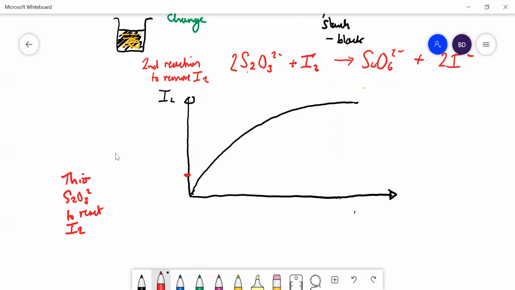Okay, it's here. So if we can imagine what would happen in that graph then, do that line across there, do my arrow down, call that time t. Before time t, we wouldn't see any color change. It would just remain clear because any iodine that was being produced would be destroyed. As soon as the thiosulfate runs out, then at that point, at that time t, the reaction will suddenly go black.